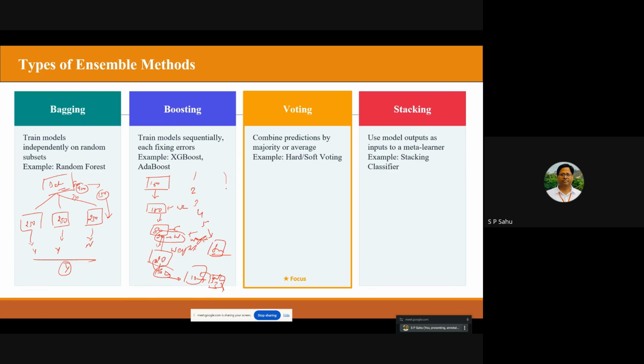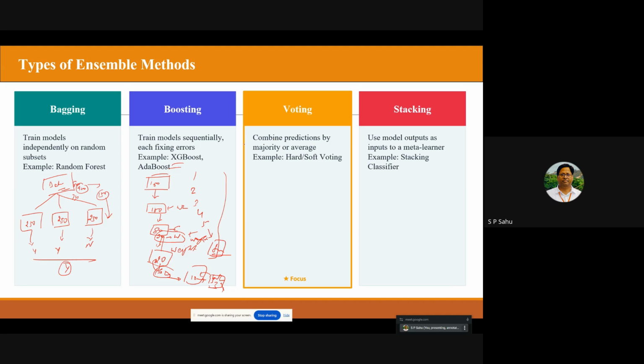This way, the weights of wrong samples are boosted based on the error, finally giving a correct response for all samples. AdaBoost and XGBoost are examples. We'll see the algorithm later on.